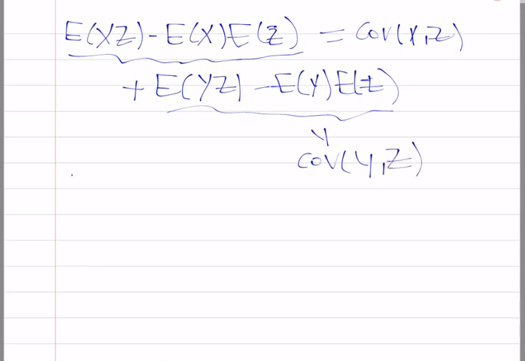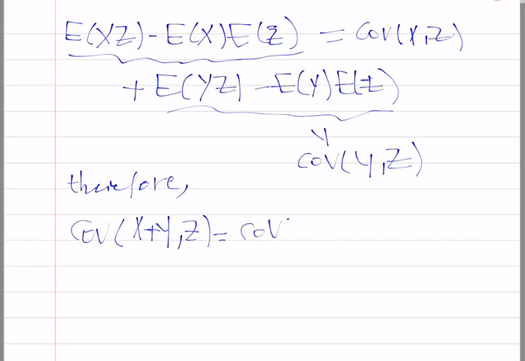Therefore the covariance between x plus y and z is just equal to the covariance of x and z plus the covariance of y and z.